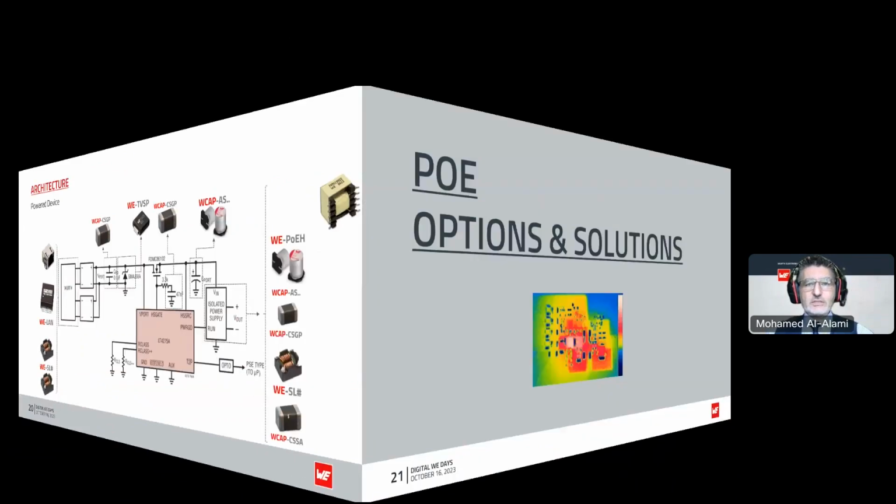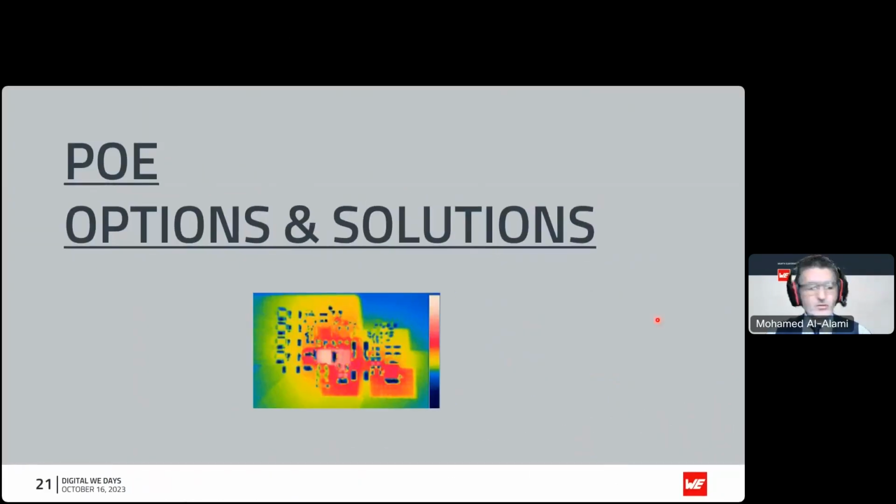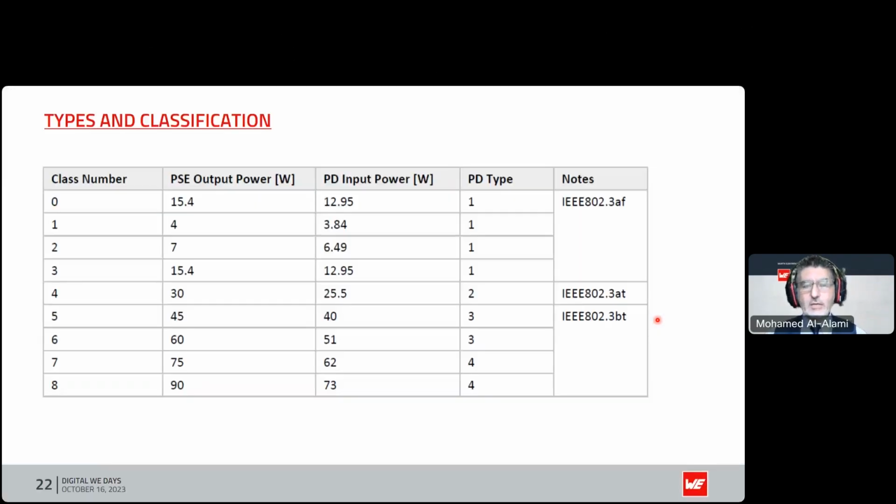Now comes the interesting part of the presentation, the types of solutions that we can offer. So I mentioned to you before, there are different classifications, and this table shows you the .AF, which is the type 1 PD. We were limited to 13 watts at the PD pretty much, but there are now multiple classes within the AF to give us different levels of power required by the PD.